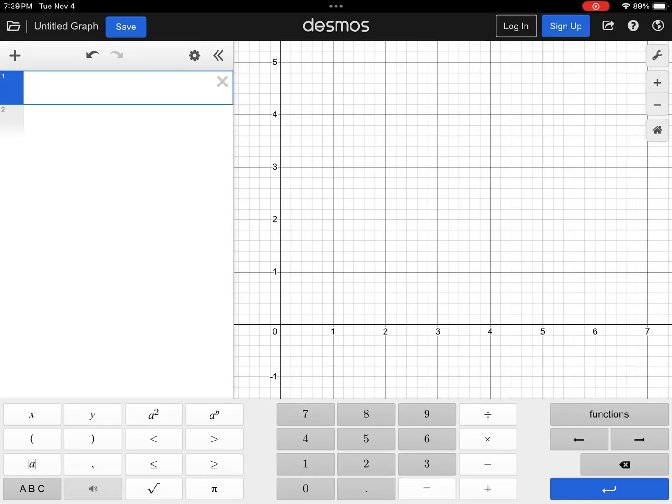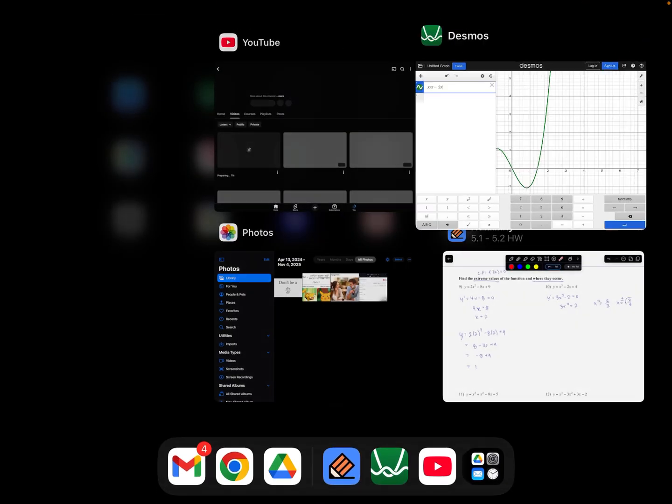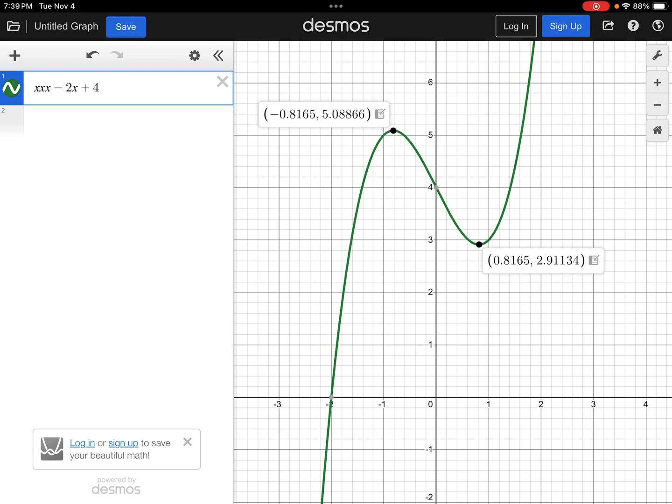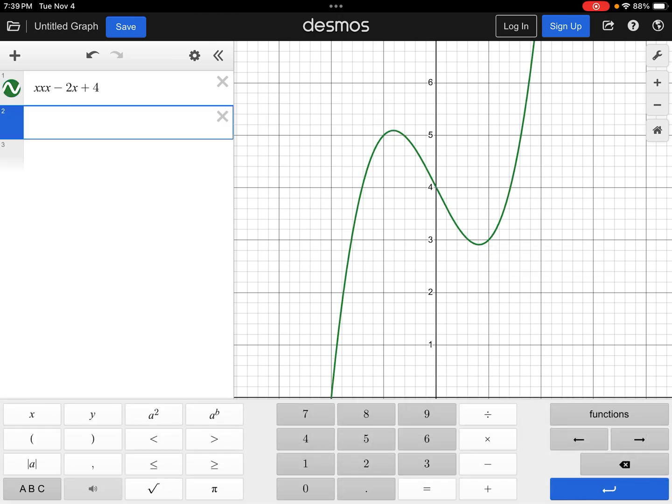So x to the third minus 2x plus 4. Okay, you can see we have those values right there. We said the square root of 2 divided by 3, right?